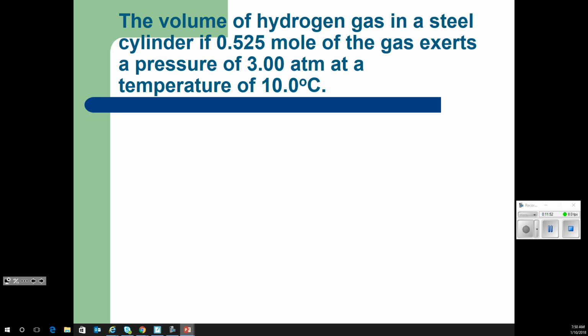Volume of hydrogen gas. So we're looking for volume this time. If the cylinder has this many moles, again, what does that tell me? That tells me I'm going to be using PV equals nRT again, because usually it won't say moles unless I'm using the ideal gas law.